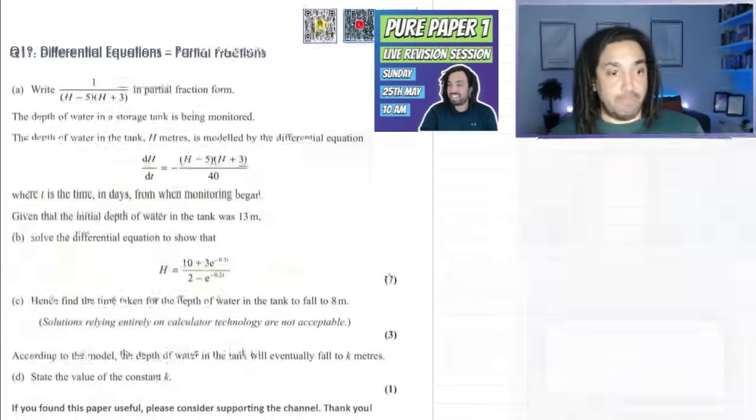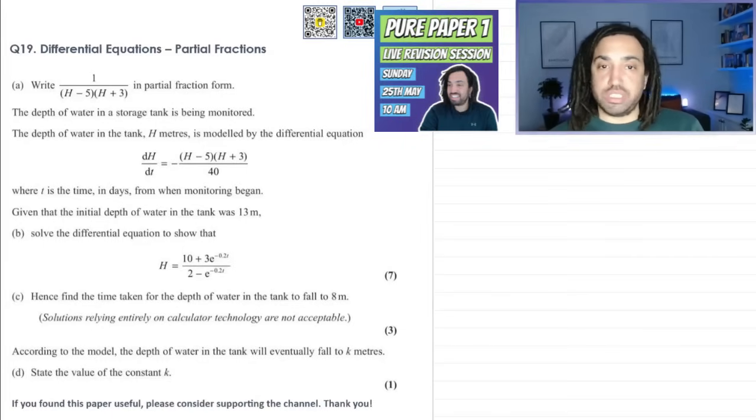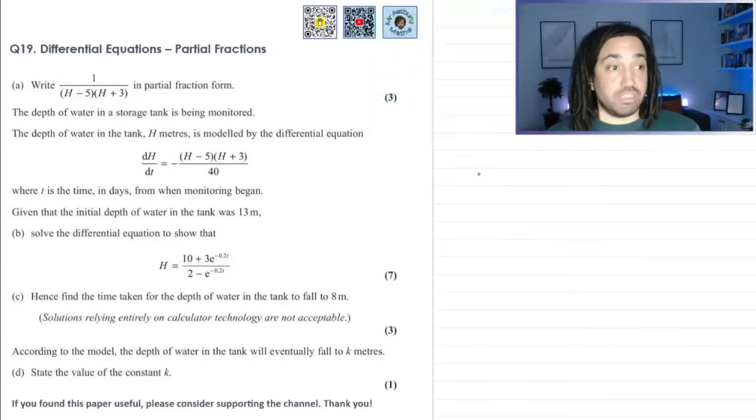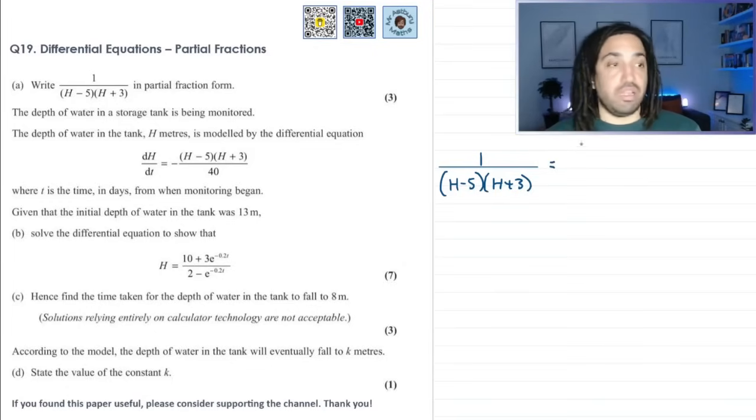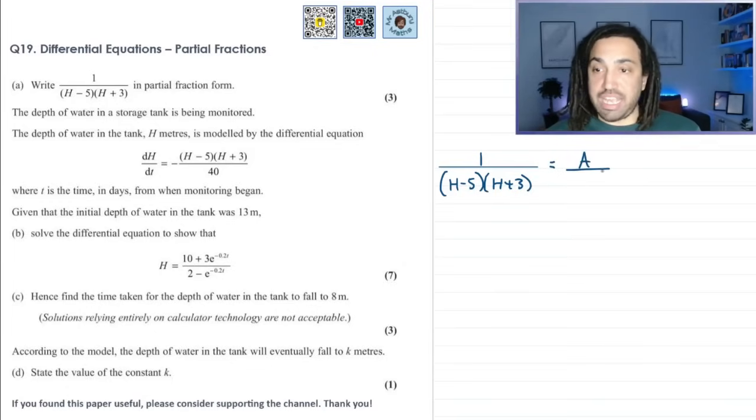Perfect. Okay, final question, and we have just a straightforward algebraic partial fractions. So we are going to write 1 over (h minus 5)(h plus 3) can be written as a over h minus 5 plus b over h plus 3.